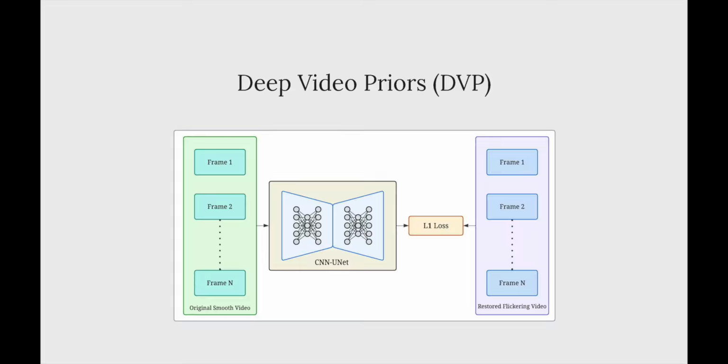And the idea is that we can learn an operator G, parameterized by some neural network, to learn directly on the test video to approximate the operator F.